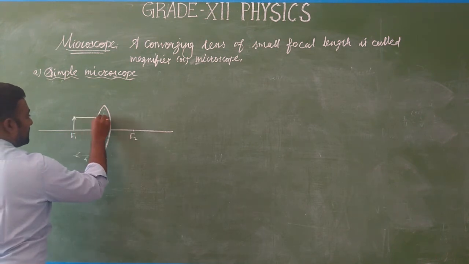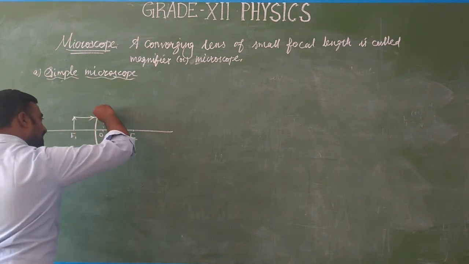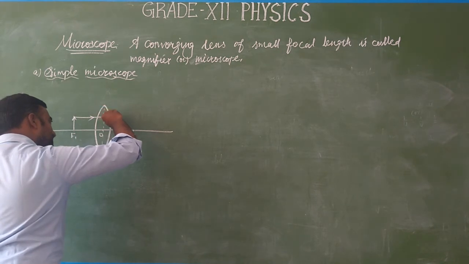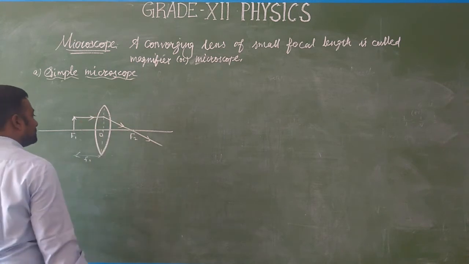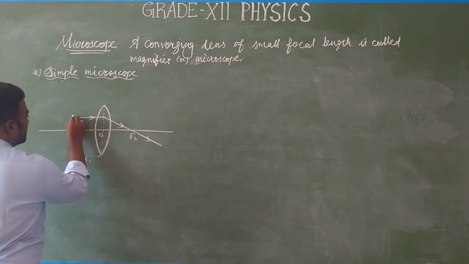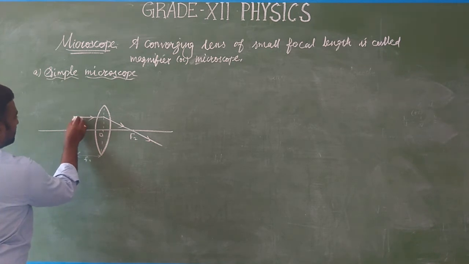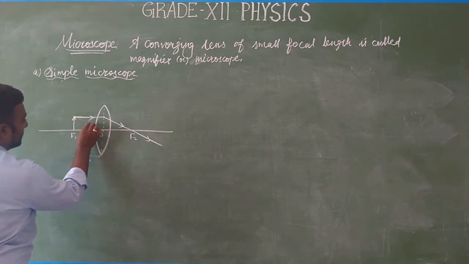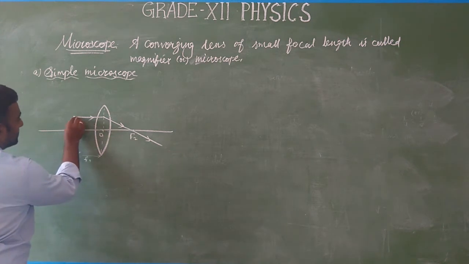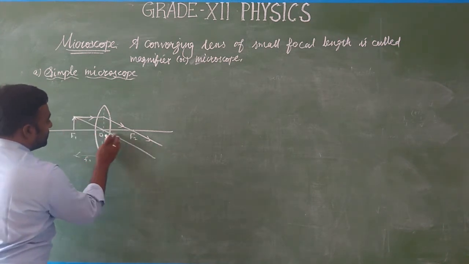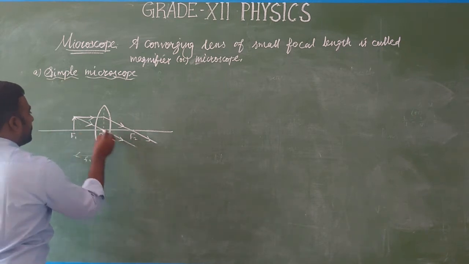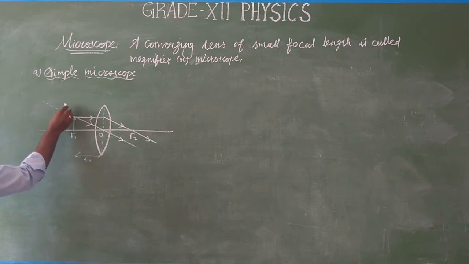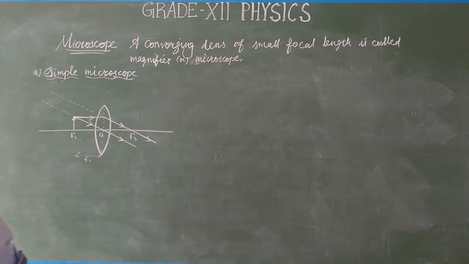The first ray, incident parallel to the principal axis, converges through the principal focus. The second ray goes through the optic center. The two rays must go parallel to each other, so the final image would be obtained at infinity.